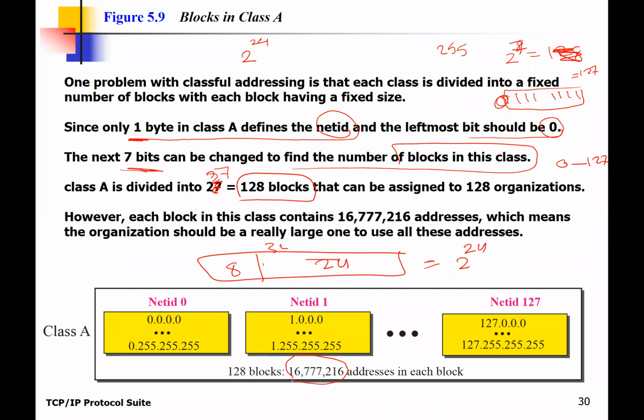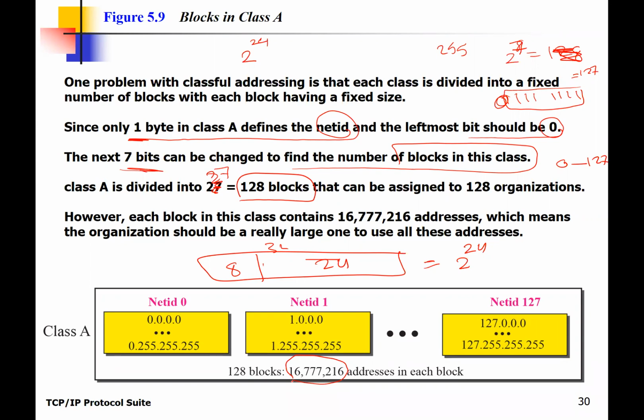That means if you look at class A, how many networks can I have? 128 networks only. And each network, how many hosts does it have? 16 million something. Okay. Do you think there is an organization that has 16 million hosts?